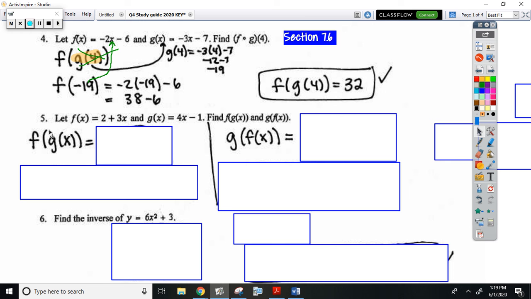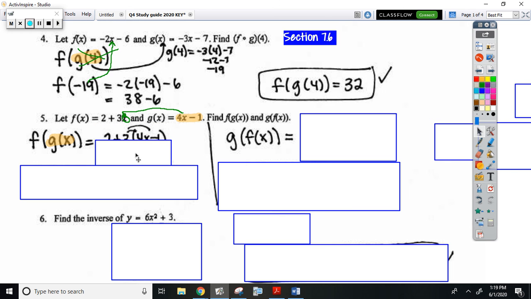Number 5 is basically the same question, but it doesn't have numbers. So instead of f of g of 4, it's just f of g of x. So again, start on the inside. That means that this g of x function needs to get plugged in for x in the f of x function.